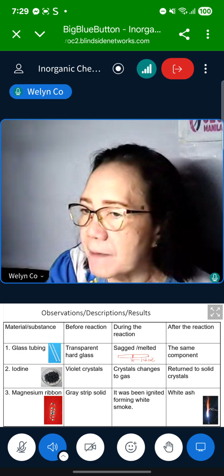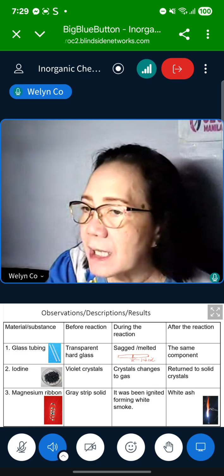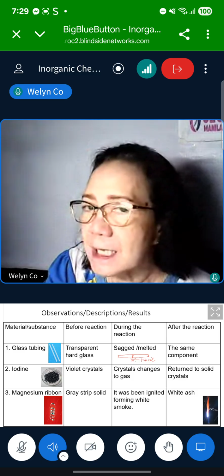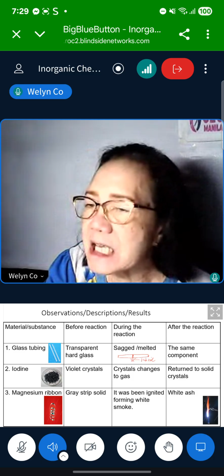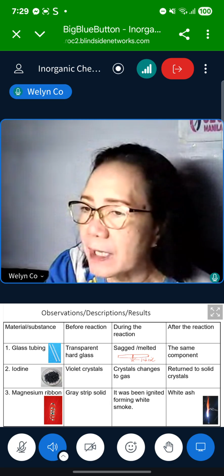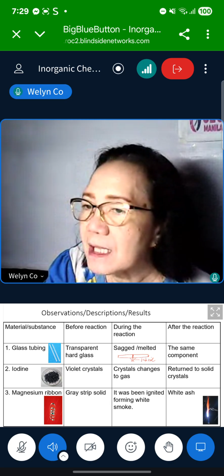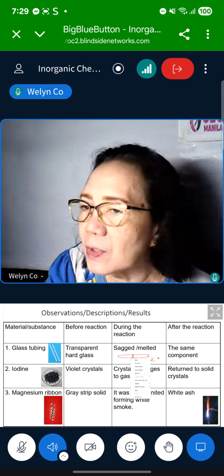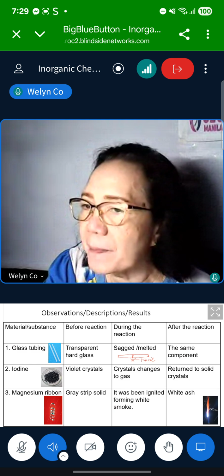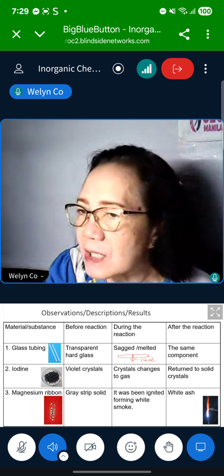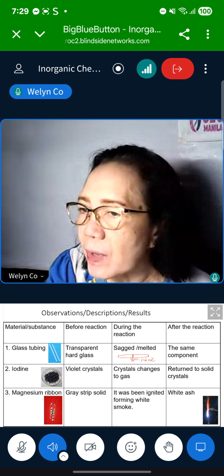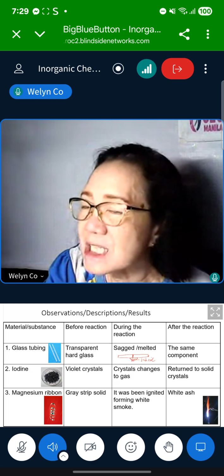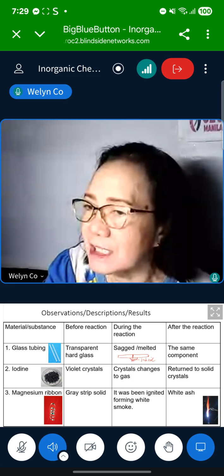It spreads the flame, so that when our glass tubing sags, it would not just be in one area. It is easier to bend the glass tubing if the heat is not focused on only one area. So the sagging now is not only directly at the middle, but it spreads out somewhere around it. Okay, so it is easier to bend at a certain angle.